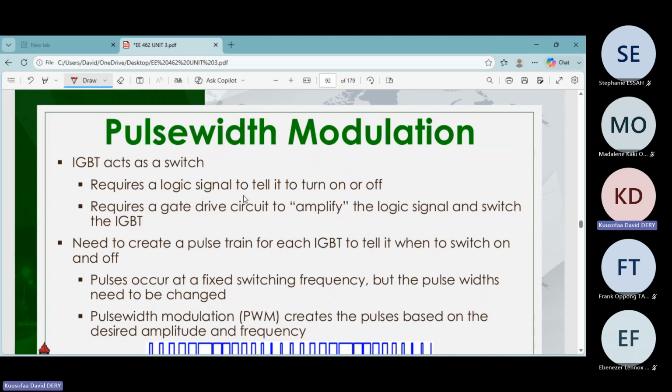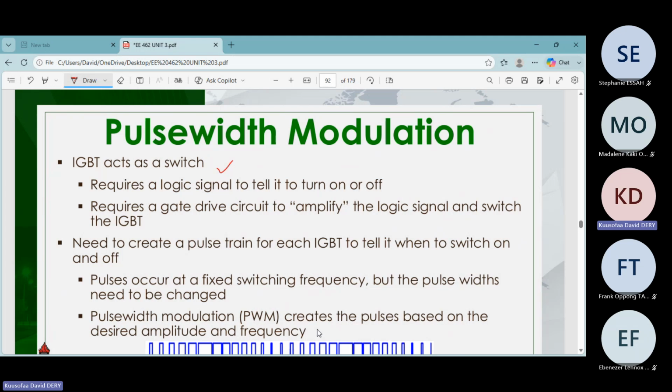So we know that the IGBT acts as a switch and requires a logic signal to tell it to turn on and turn off. It requires a gate drive to amplify the logic signal and switch the IGBT on or off. So we need to create a pulse train for each IGBT to tell it when to turn on and when to turn off.